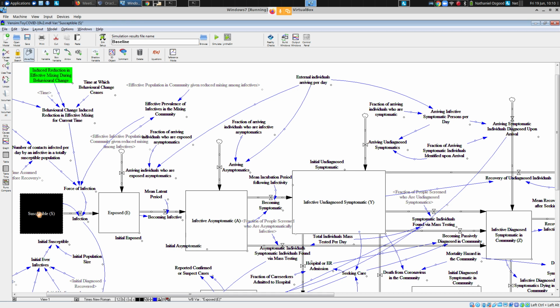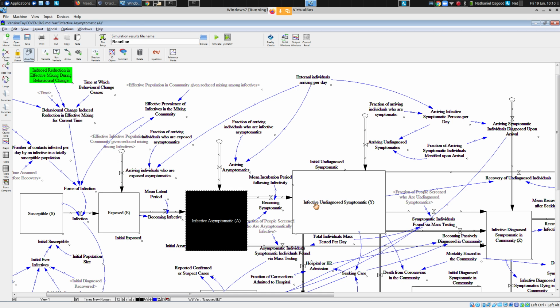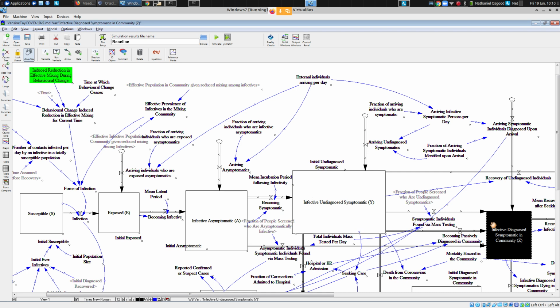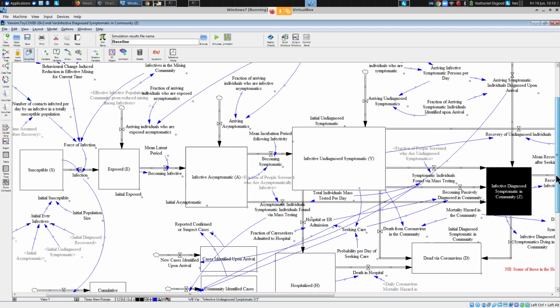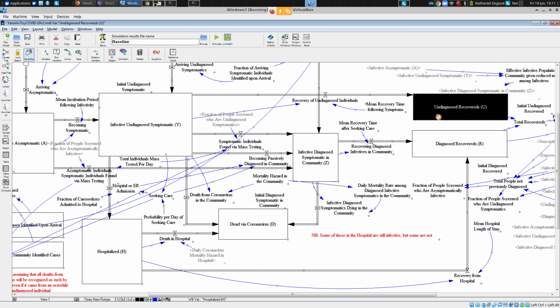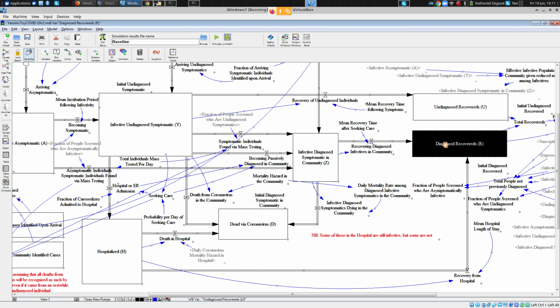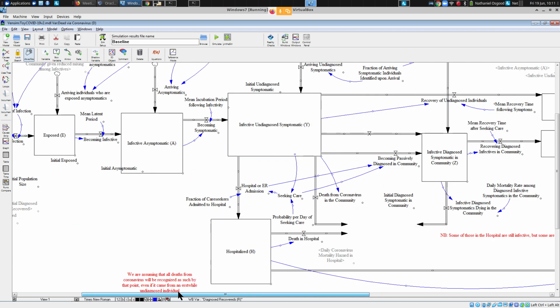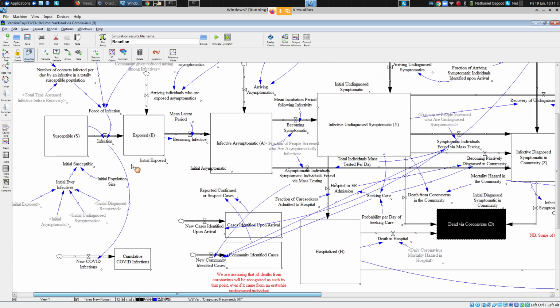So we have people in this model divided into susceptibles, exposed, infective asymptomatic individuals, infective yet undiagnosed symptomatics, and symptomatics who are diagnosed. We also have a hospitalized stock representing people currently requiring acute care, a stock of recovered individuals, either undiagnosed or diagnosed, and some numbers of people who have passed away from coronavirus.